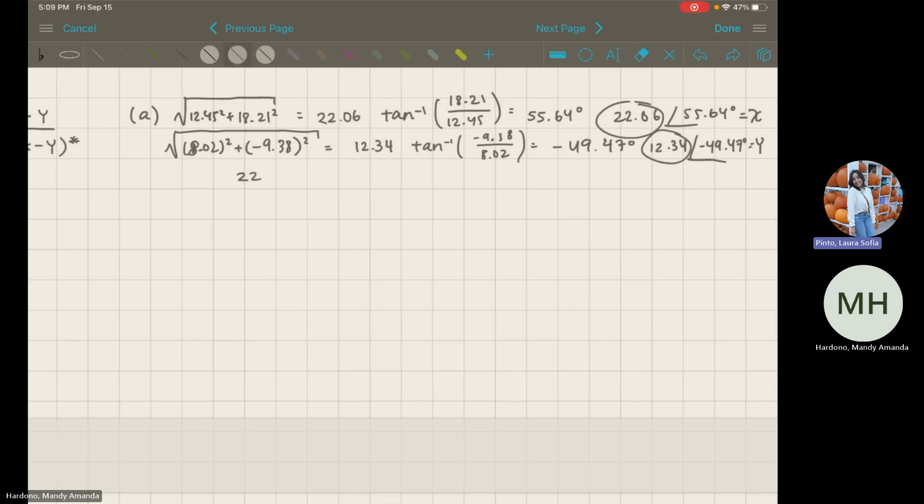In this case, it's 22.06 times 12.34. Then for the angle, we add them. So it's going to be 55.64 plus negative 49.47.